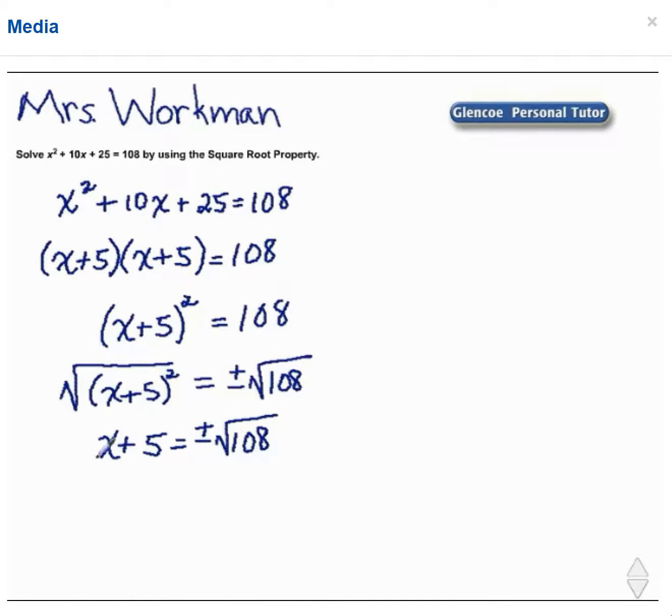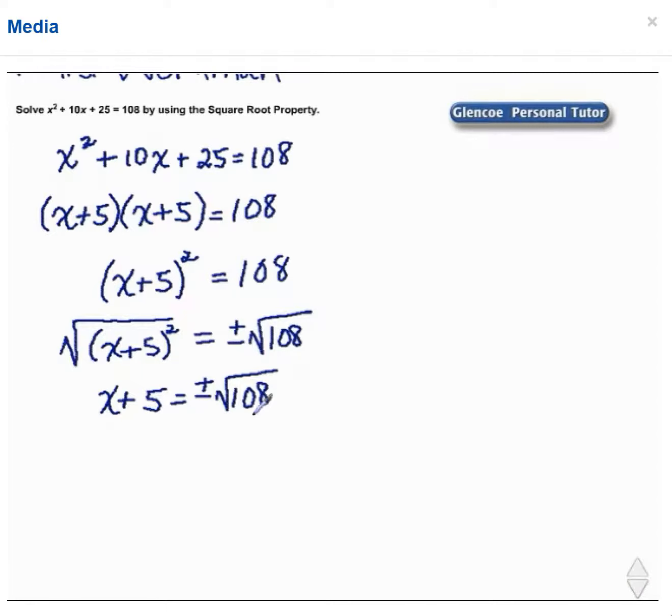Before we go any further, let's take a look at this square root of 108. I'm going to rewrite that as plus or minus the square root of 36 times the square root of 3. Let's go ahead and simplify this radical right away.